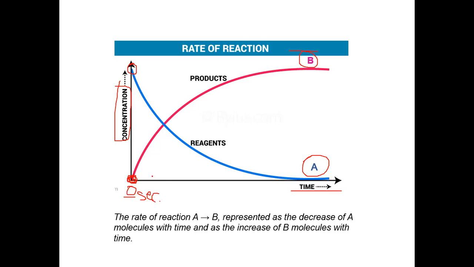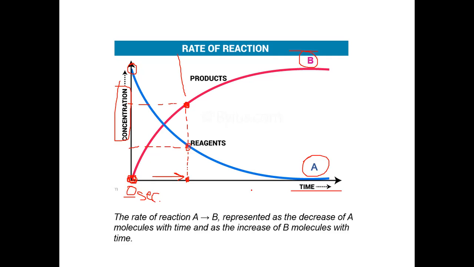Then we continued the process, say at this point, so we produced B, but we consumed A. Why? Because now this is getting small and this is getting big.